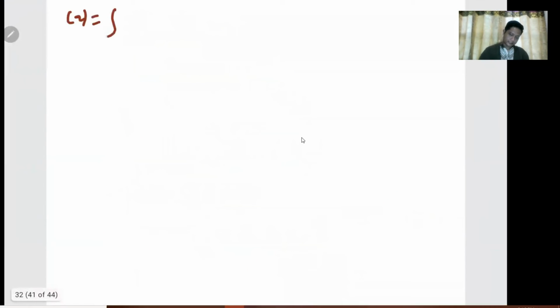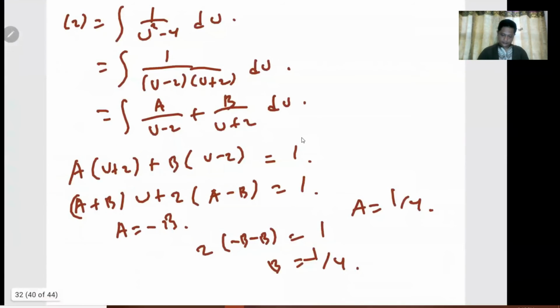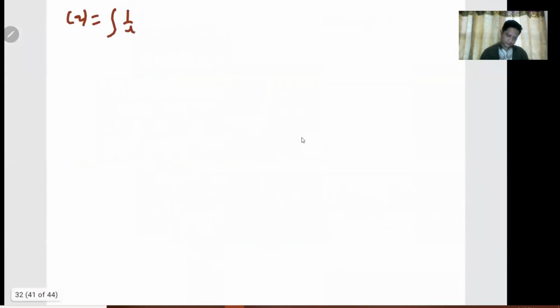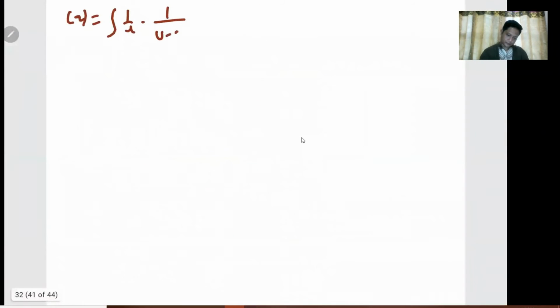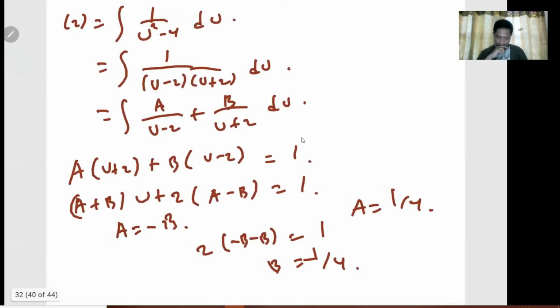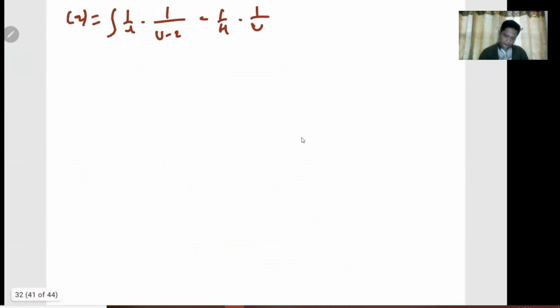Okay, so my number 2 becomes the integral of 1 over 4 times 1 over u minus 2, minus again 1 over 4 times 1 over u plus 2, du. Am I correct? Yeah, should be correct.